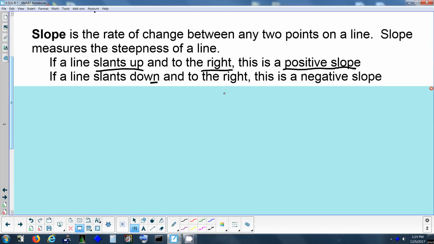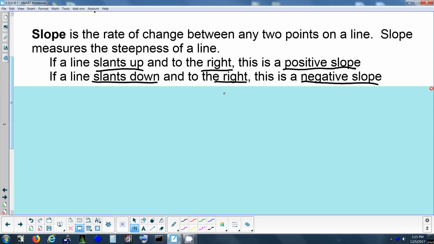If a line slants down and to the right, it is a negative slope. We're writing it right above the 4 graphs. See the 2 bullets that describe the slope of a line, right down the bottom of the page? The things I underline are what you fill in those blanks with. We'll talk about that in a second.